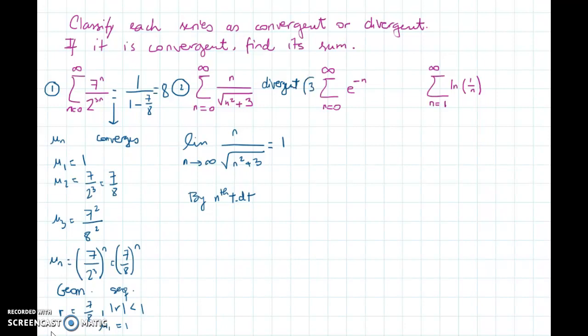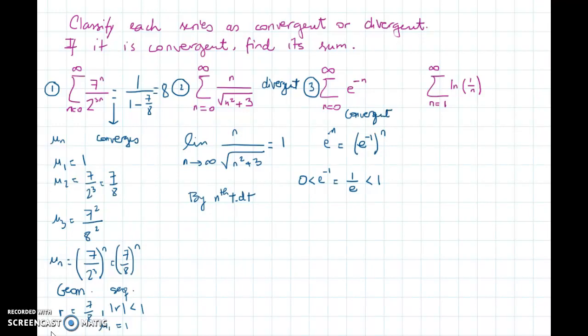Next example, we are looking at the sum from 0 to infinity of e to the power of minus n. e to the power of minus n, this is (e to the minus 1) to the power of n. And e to the minus 1, well, that's 1 over e. This is positive and less than 1. So actually what we have here is a geometric sequence with common ratio less than 1, so this is convergent.